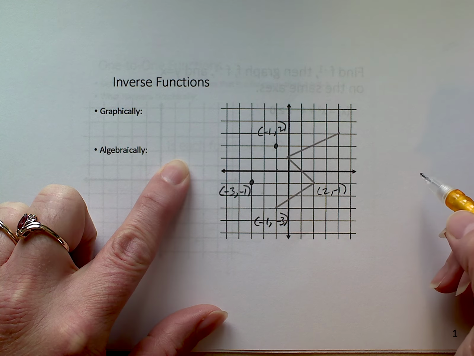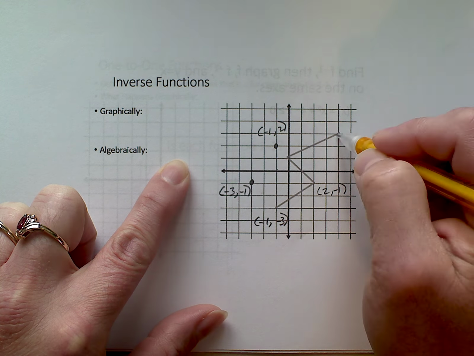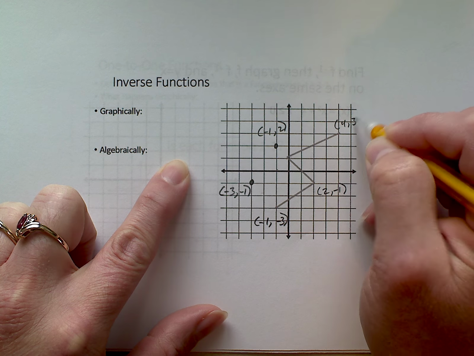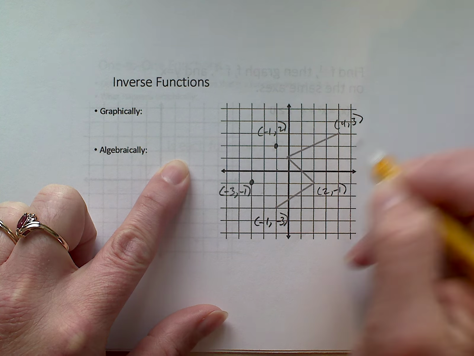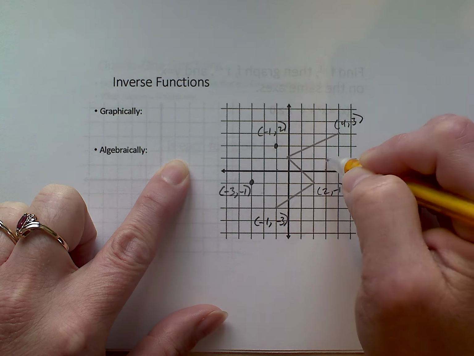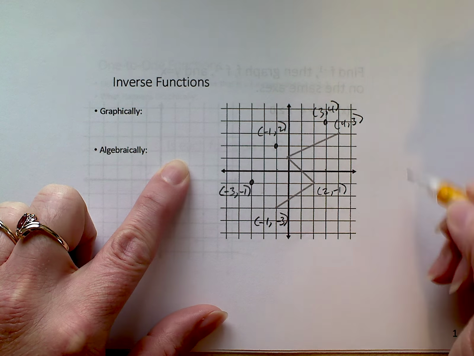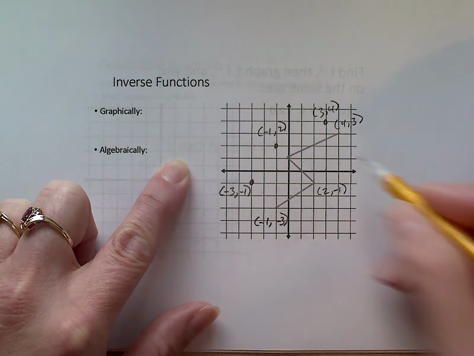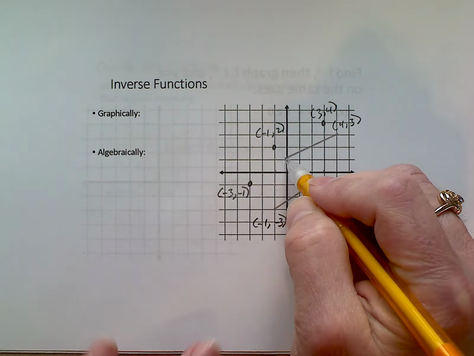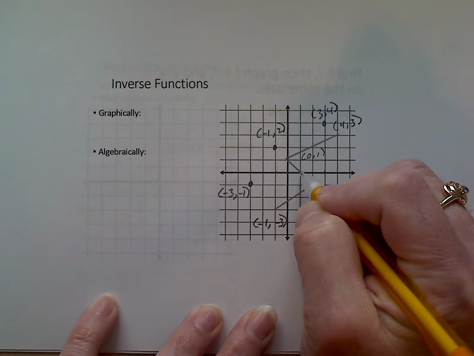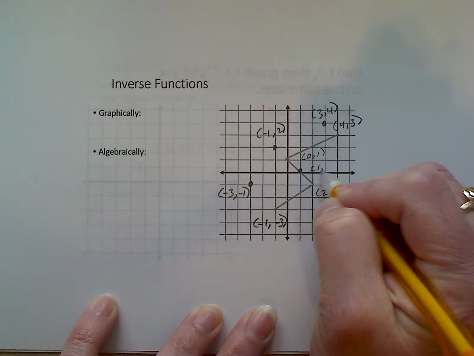Are you catching on? This point is at 1, 2, 3, 4, 3, and I'm going to move it to, do you know where I'm going? That's right, 3, 4. And that is its inverse. Oh, I missed one. This one is at 0, 1, and I'm going to move it to 1, 0.